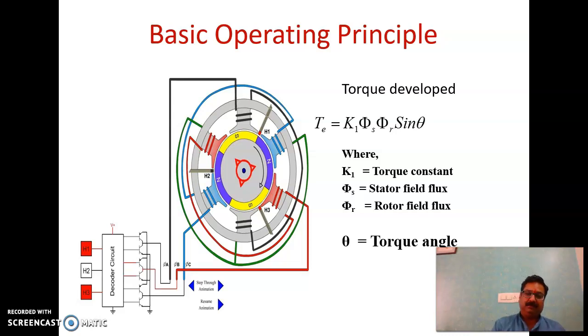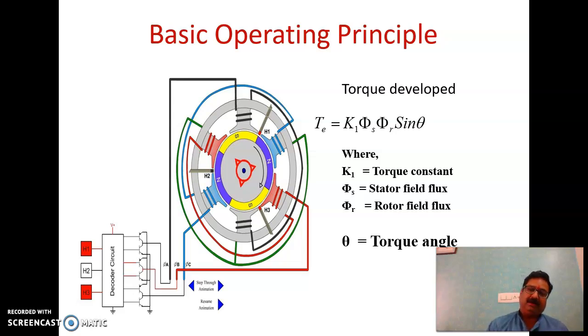So we can conclude here, as we have discussed in machine parts in earlier units, that the torque developed by this machine, the equivalent torque, will be proportional to stator field flux, proportional to rotor field flux, and sine of the torque angle. So we know that the rotor consists of permanent magnet, therefore phi r is constant here always, and only phi s and sine theta are responsible for the equivalent torque developed.